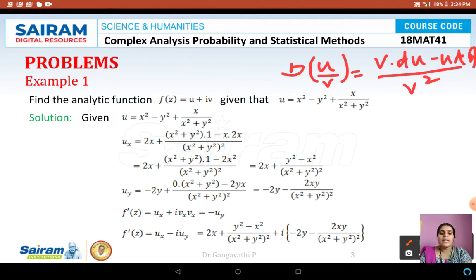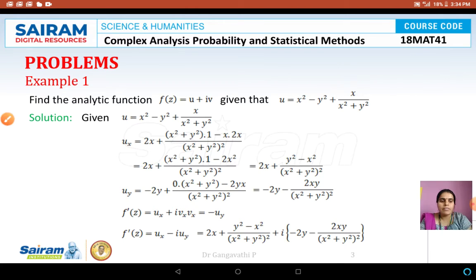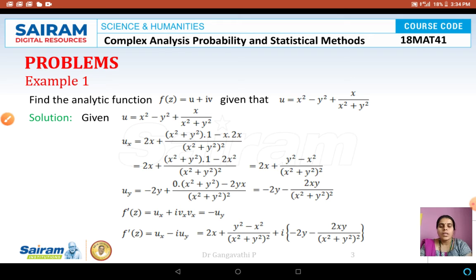So this is the formula that we have used, and here you can observe the same formula. So x square plus y square, that is v, keep v as it is, differentiation of x with respect to x is 1, minus keep x as it is, differentiation of the denominator is 2x, and the denominator the whole square. So we have applied the quotient rule.